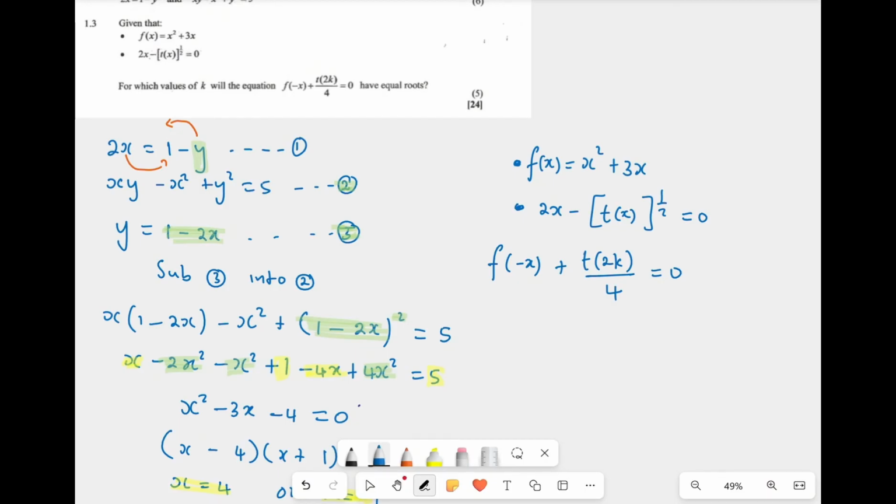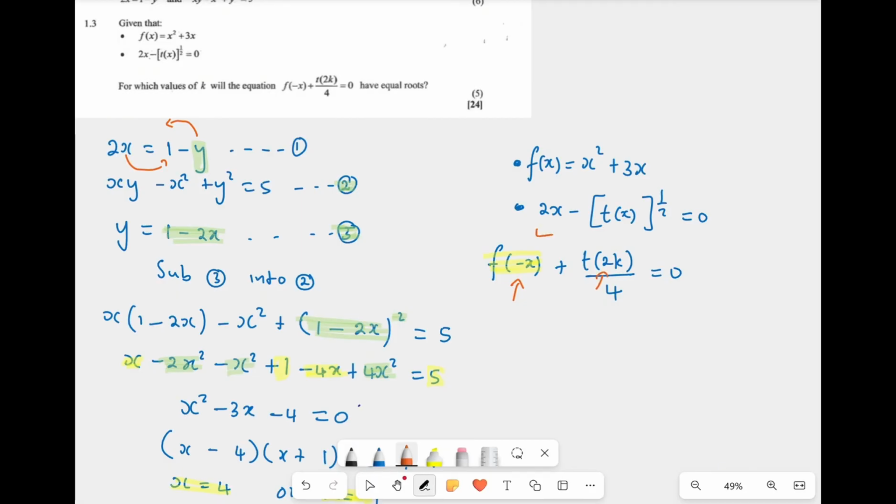Now, before I even start with equal roots, I need to set up this equation here. Fortunately, I do have the equation of f of x. So where there is x, we will replace that x with negative x. But now I do not have the equation of t of x, where I will replace x with 2k.